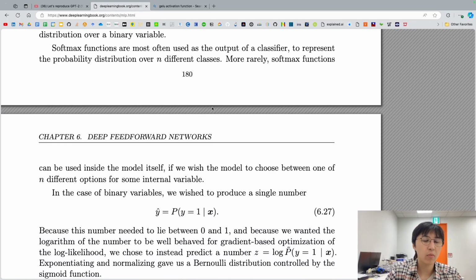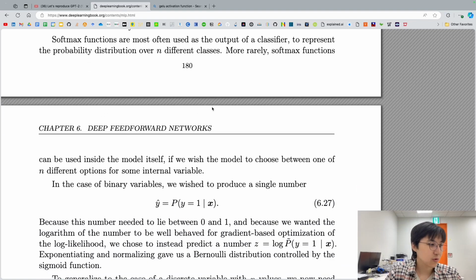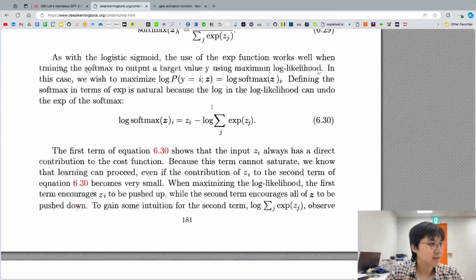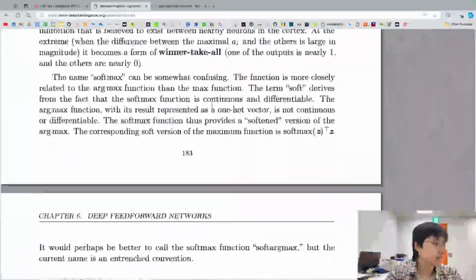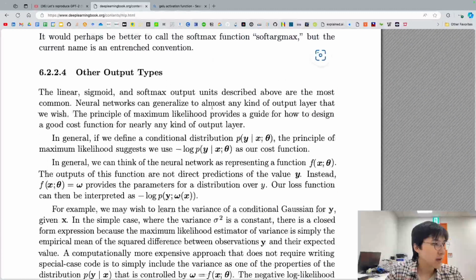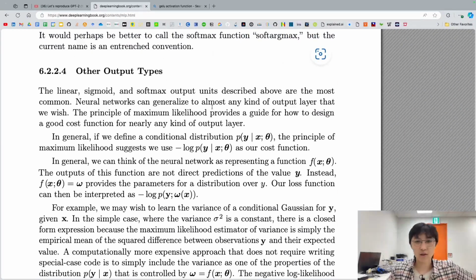It's from our probability rules. So this is softmax. There are also other output types, and you can also design your own output type. But basically, these 3 types are common, and in practice they are also common.